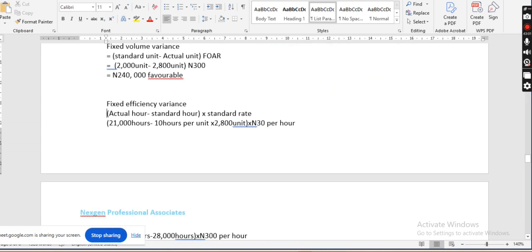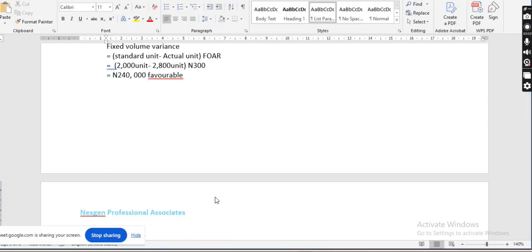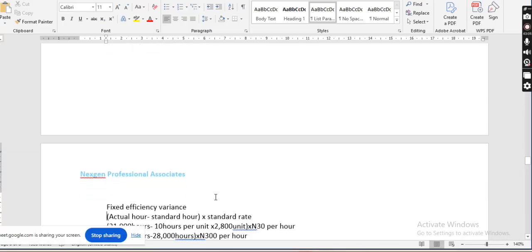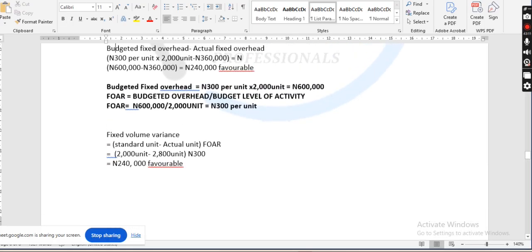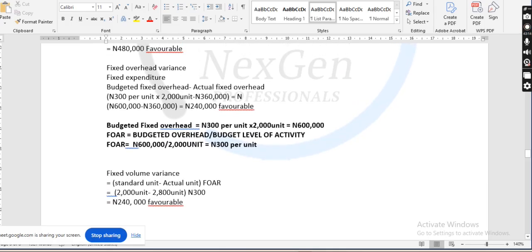Or you can decide to calculate your efficiency and capacity. The addition of efficiency and capacity will result in your volume. So I don't need efficiency and capacity, right? Because I've calculated my volume.